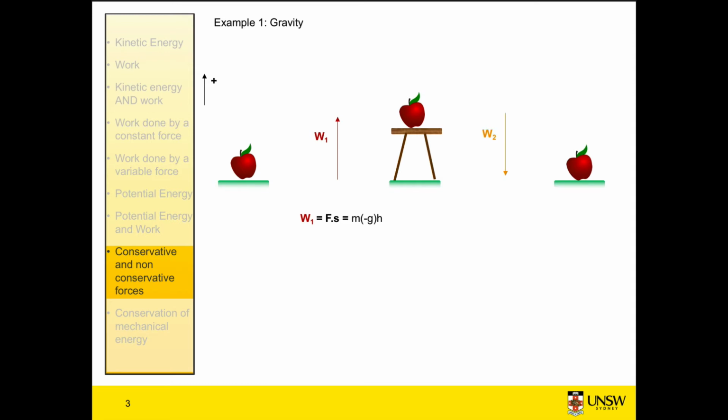Then when we return the system to its original state, we put the apple back on the ground, so we lower it. And calculating the work done in this case is the same, so it's mgh, except in this case both the acceleration due to gravity and the displacement are in the negative direction. So our total work done is equal to 0. So gravity is a conservative force.